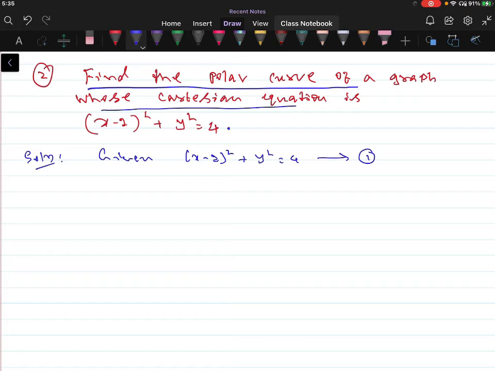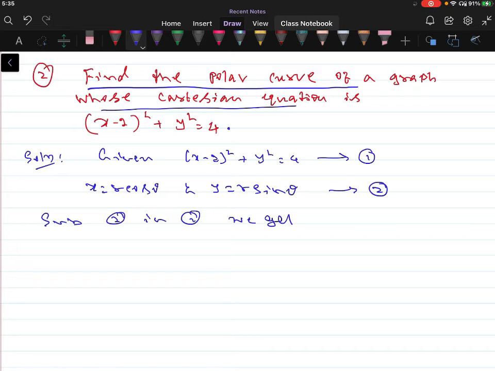And you know the relations x = r cos θ and y = r sin θ, the Cartesian coordinates in terms of polar. That is equation 2. So let us substitute equation 2 in 1.